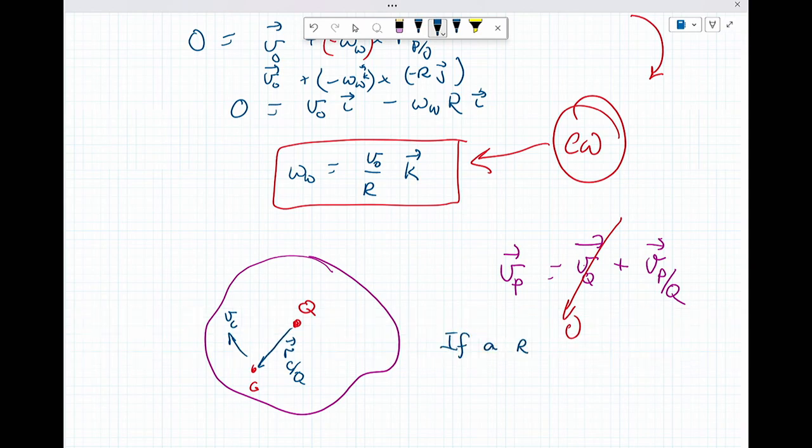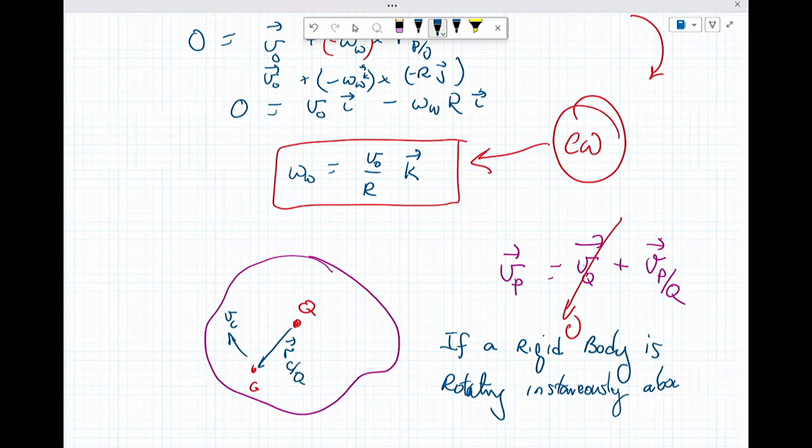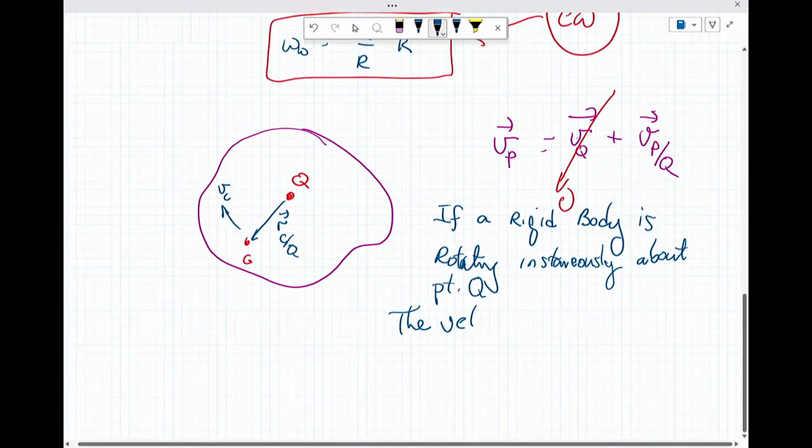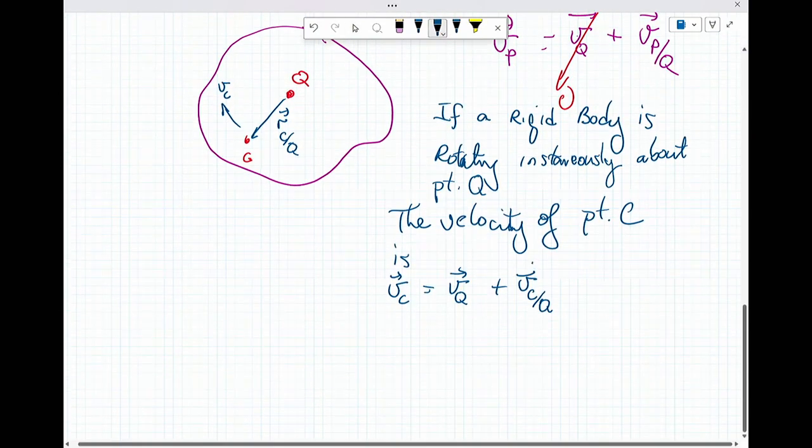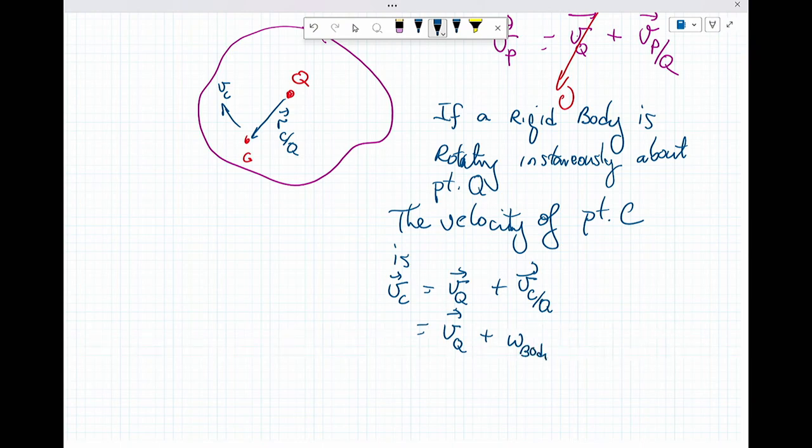If a rigid body is rotating instantaneously about point Q, the velocity of point C is velocity of C equals velocity of Q plus velocity of C with respect to Q, which equals velocity of Q plus omega of the body cross with RC with respect to Q. And those 2 points go away.